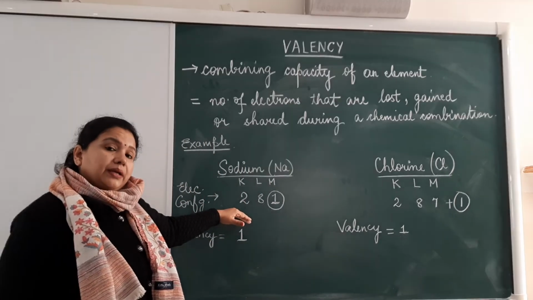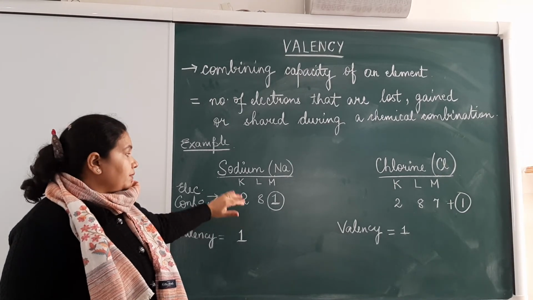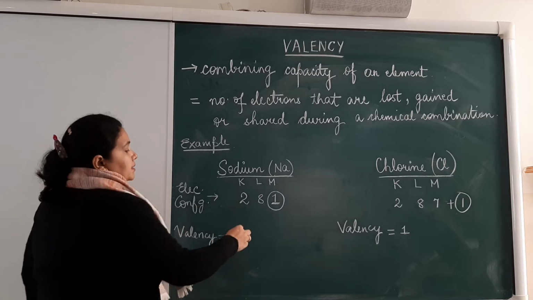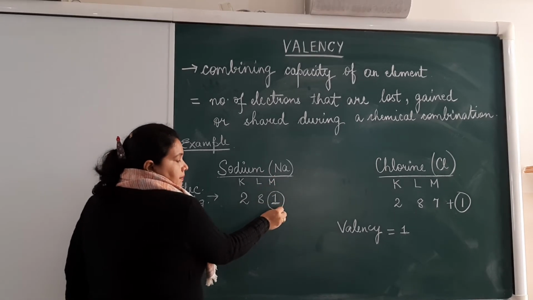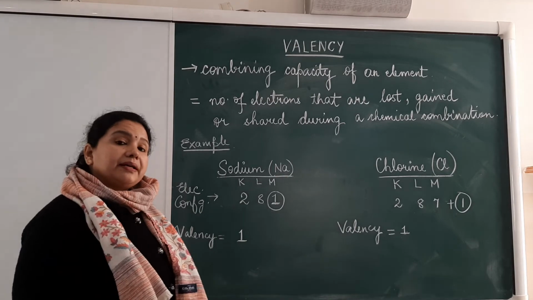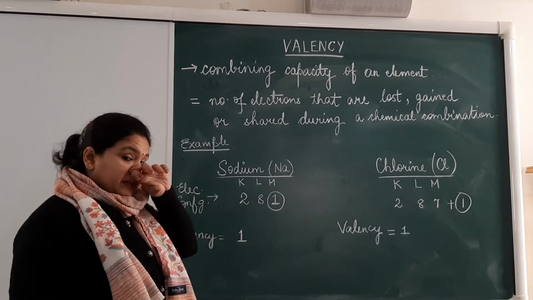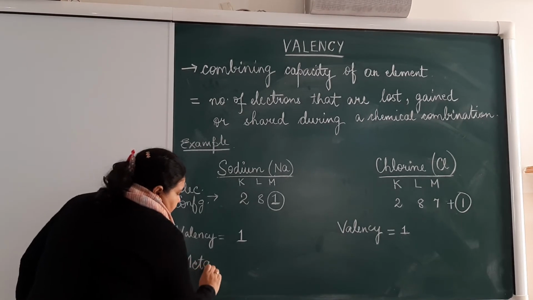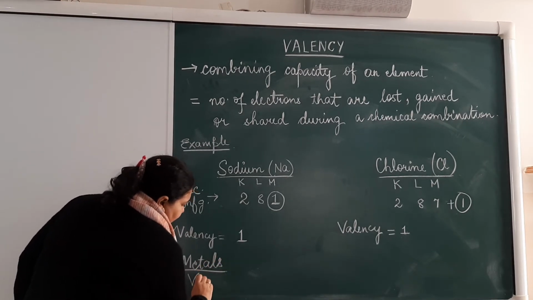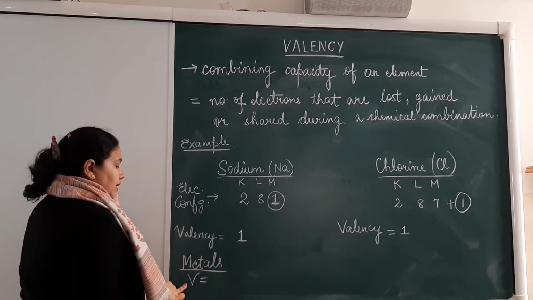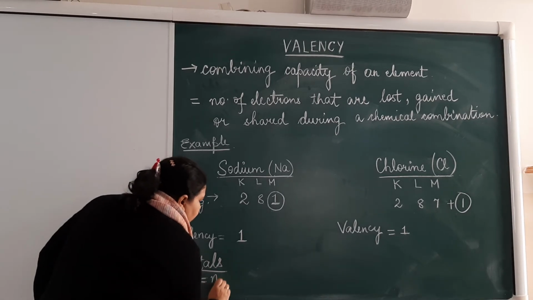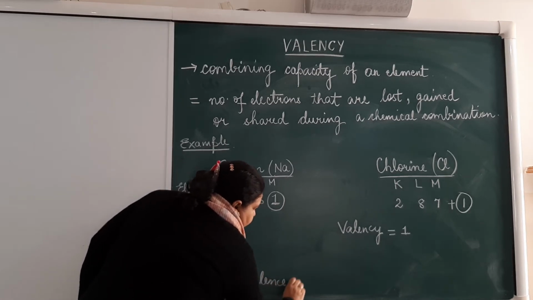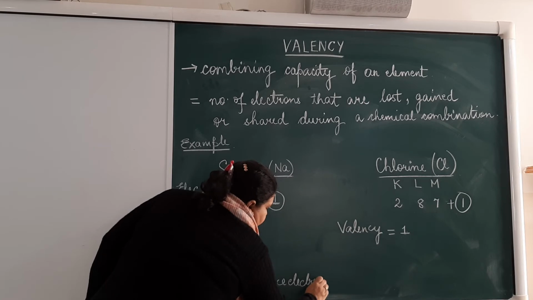Technically, if we try to calculate valency, we can also understand it in terms of valence electrons. In any metal, the number of valence electrons determines the valency of that element. So in the case of metals, I am writing V for valency, valency will be equal to the number of valence electrons in the atom of that metal.